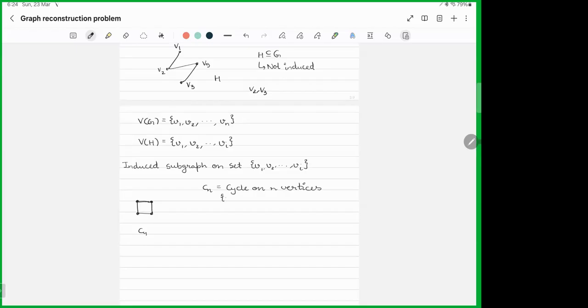Your vertex set will be V1, V2, up to Vn, and the edge set will be Vi to Vi plus 1 for i from 1 to n minus 1, and there will be one more edge, which is Vn and V1.